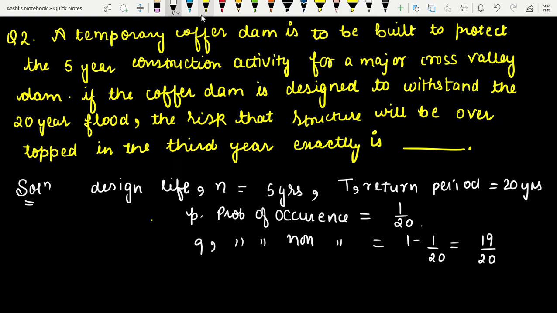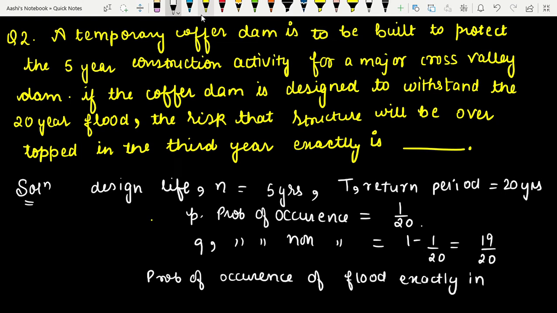So that means the probability of the occurrence of flood exactly in the third year, how are we going to calculate? It is equal to the probability that the first year it will not occur.